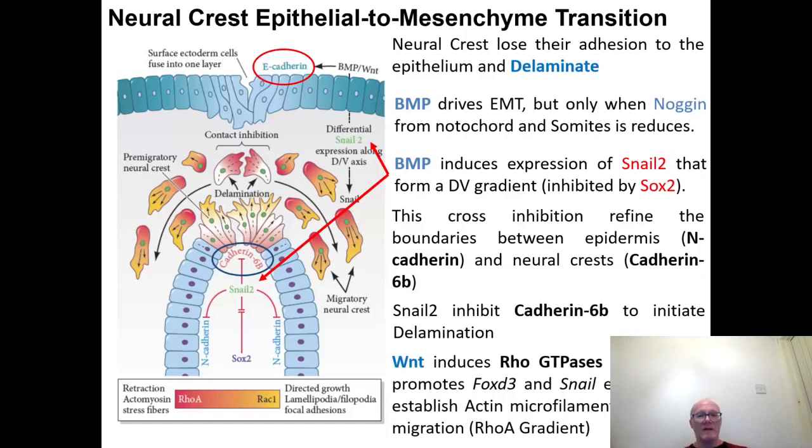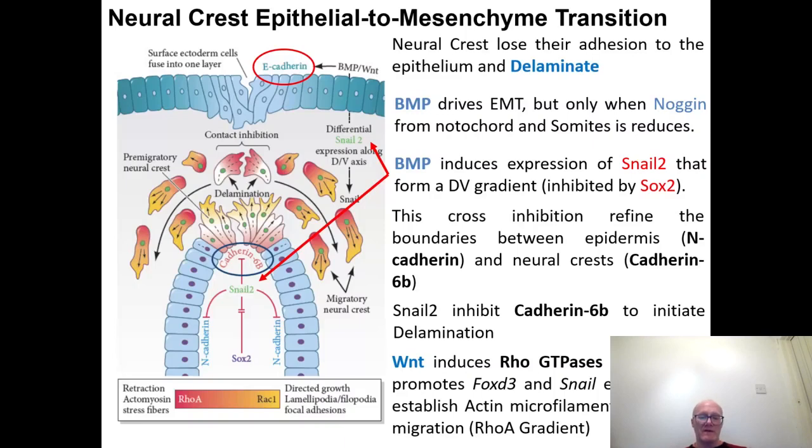Now, WNT signaling from the external ectoderm induces expression, inside the now migrating neural crest, of RhoA GTPase, or RhoA. RhoA induces expression of other genes inside the migrating neural crest cells, like FOXD3 and SNAIL.